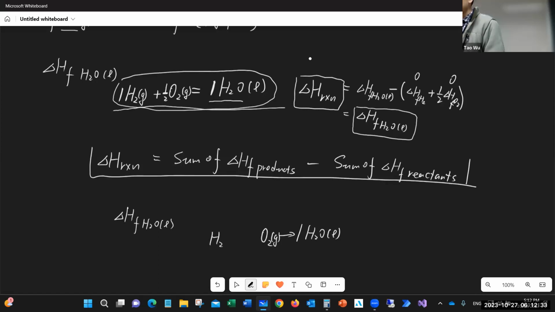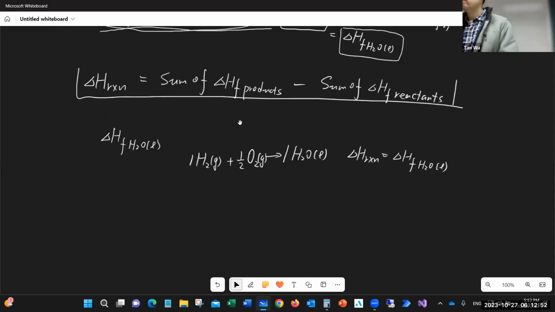So oxygen gas, hydrogen gas, and then you balance this equation. So this is 1 and this is 1/2. So the enthalpy of this reaction will be just equal to the enthalpy of formation of liquid water.